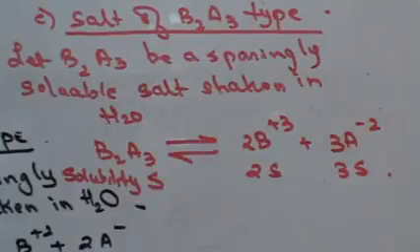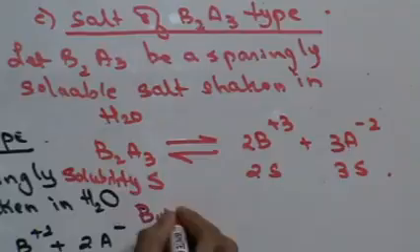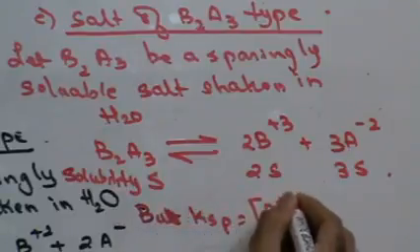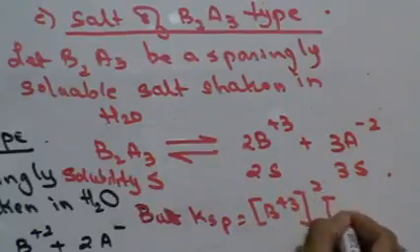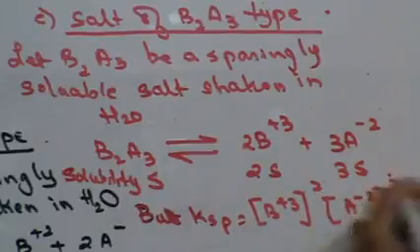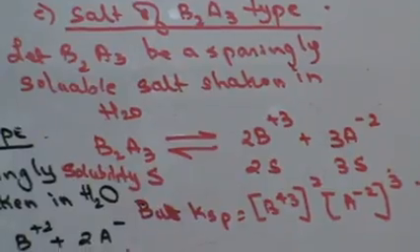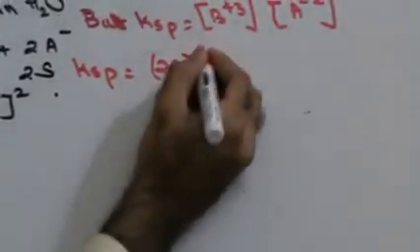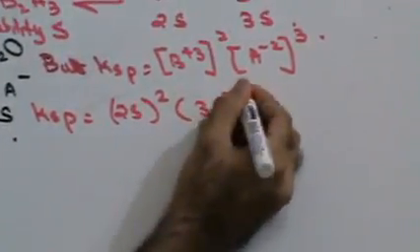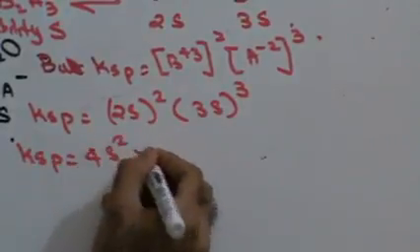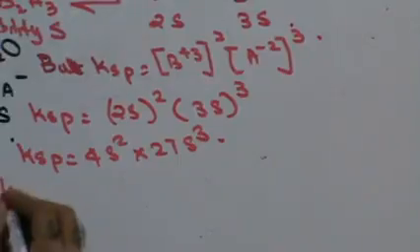The solubility product will be B plus 3 the whole square into A minus 2 the whole cubed. So the solubility product is going to be 2S the whole square into 3S the whole cube. So KSP is 4S square into 27S cube, so you will get your KSP as 108 S5.